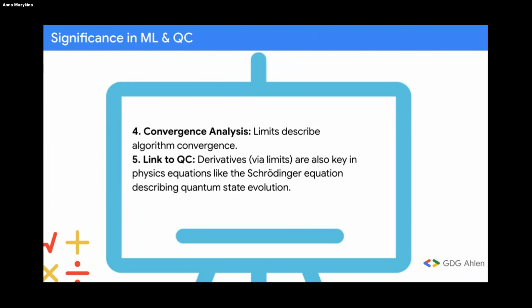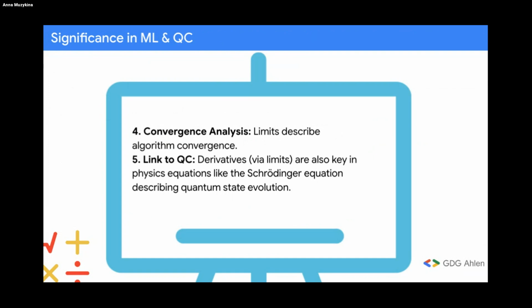Convergence analysis, determining if an algorithm converges. For example, error approaches 0, uses the mathematical language of limits. And last, the link to quantum computing.